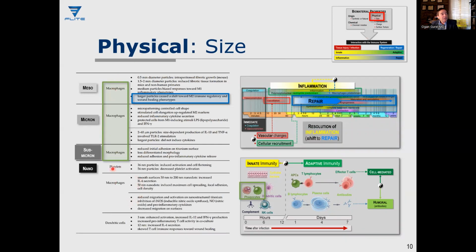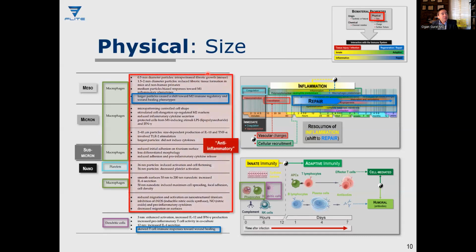And then on the nanoscale, we have platelets being influenced. Platelets are obviously very small and involved in coagulation. So that type of thrombotic influence can be influenced by nanoscale surfacing. Macrophages as well, and dendritic cells, which are involved in the innate immune response. One of the interesting things is that the dendritic cells are also related to the repair process.